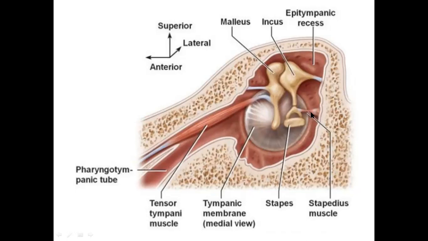The stapedius muscle in the posterior wall is supplied by the facial nerve and inserts over the neck of the stapes, and this also causes dampening of the sound. Both of these muscles work together to decrease the intensity of the sound in the middle ear cavity.